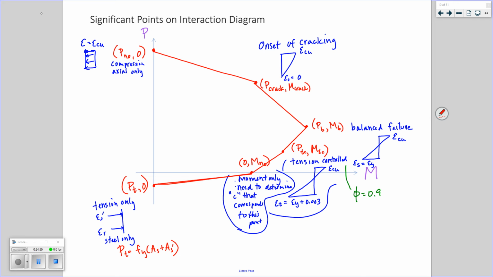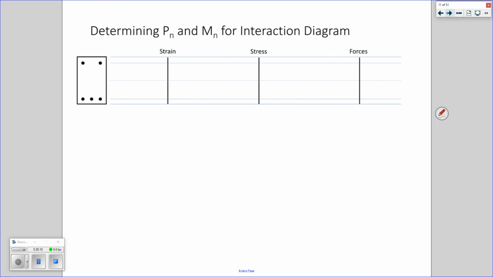Okay, so this is our interaction diagram. If you already printed your notes, skip ahead a while, you're going to come to this page. This is how we determine our P and MN for an interaction diagram.